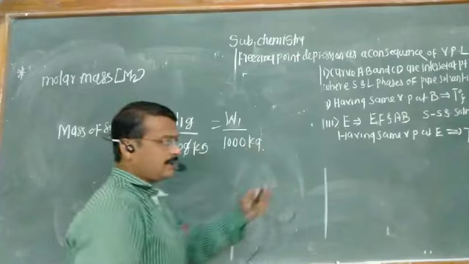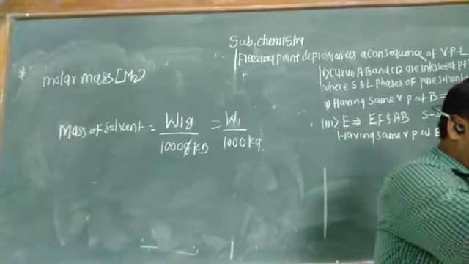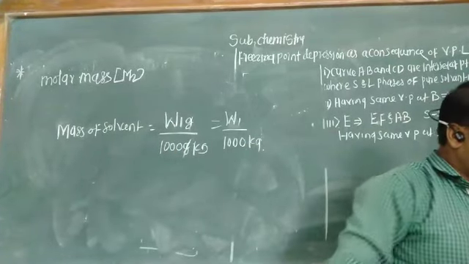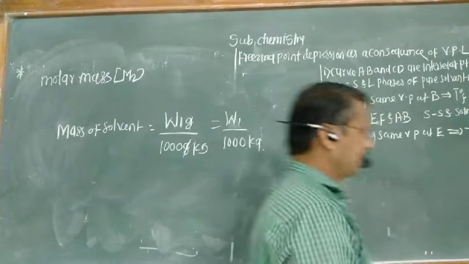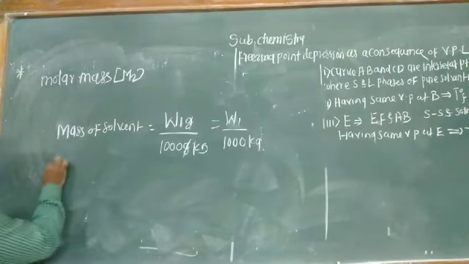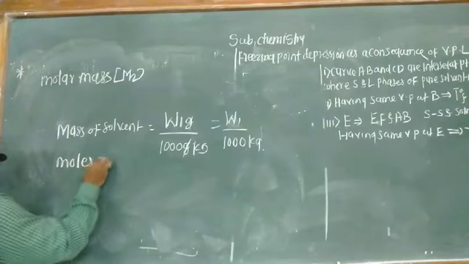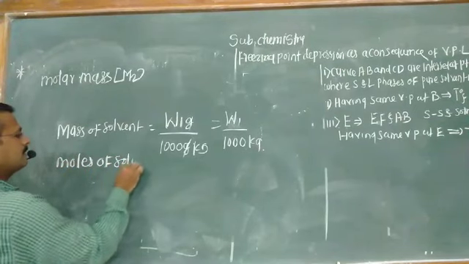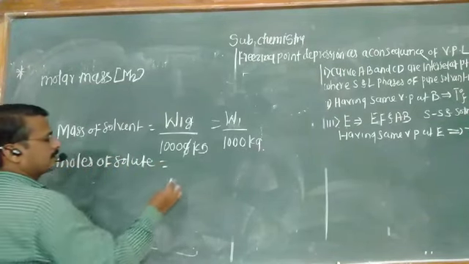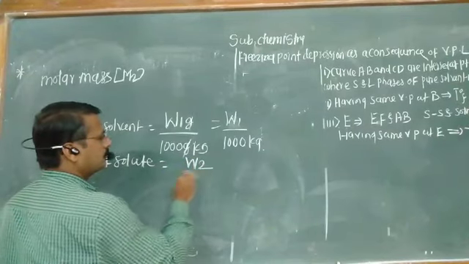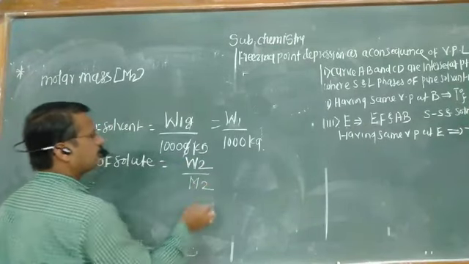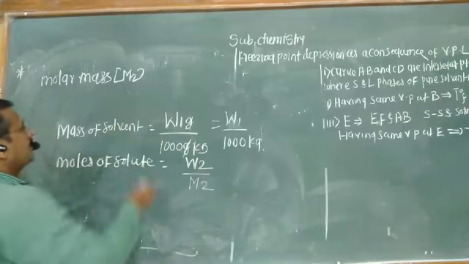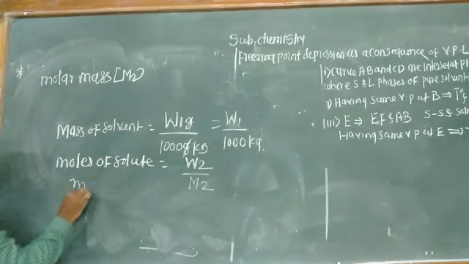Okay, then again we have written one value, that is the moles of solute. And this moles of solute we have determined as W2 divided by M2. And putting all these values by the definition of the molality.